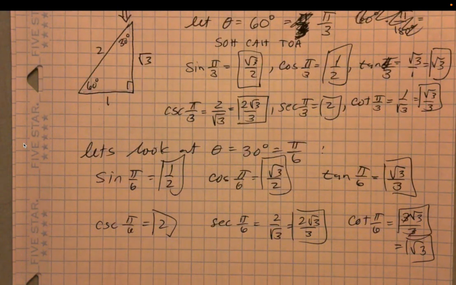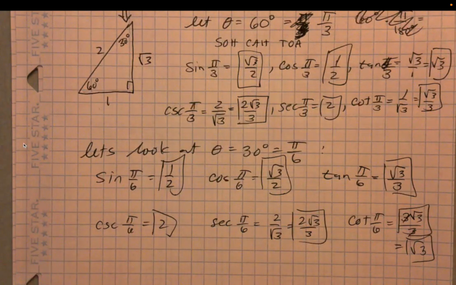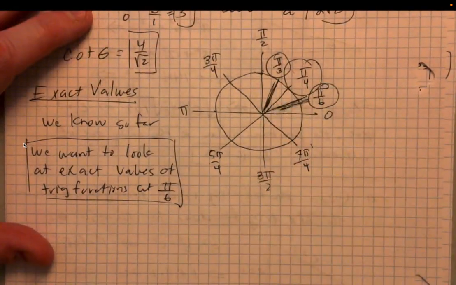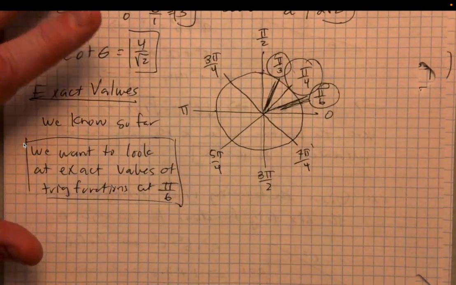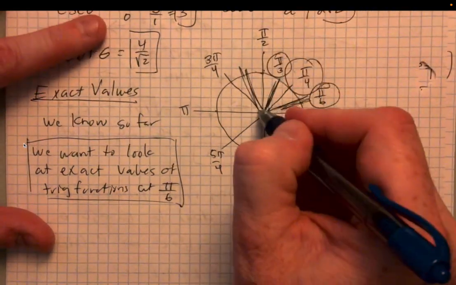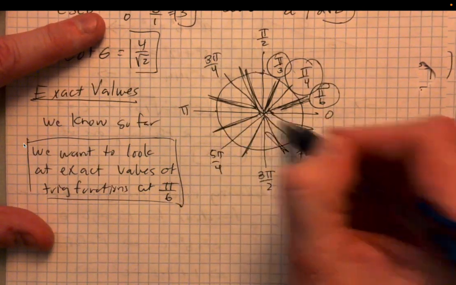Okay, and so there we have more exact values, right? So if I flip back a page, we now know these two and these two. And so implicitly, the exact same reasoning can be applied to this angle and to that angle, to that angle, that angle, that angle, and that angle.